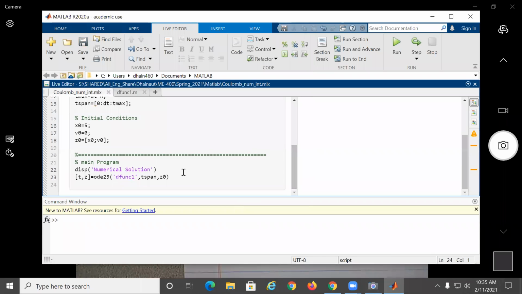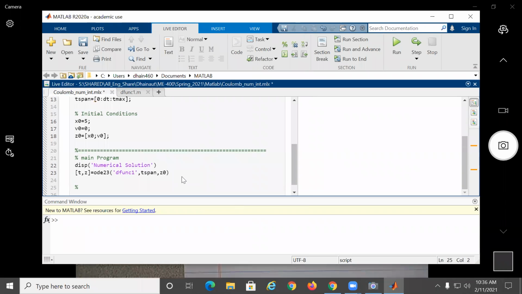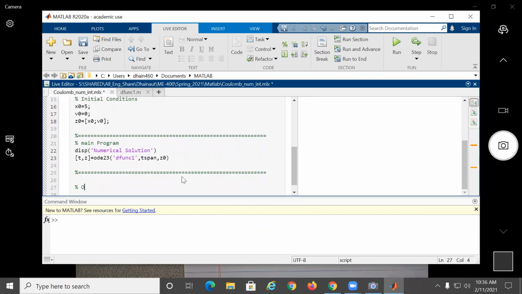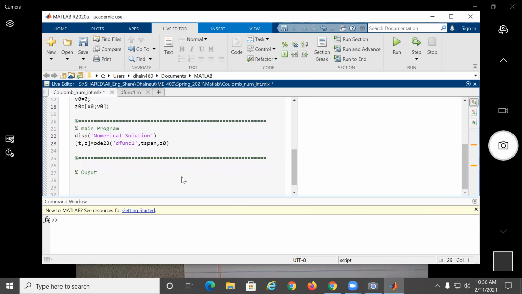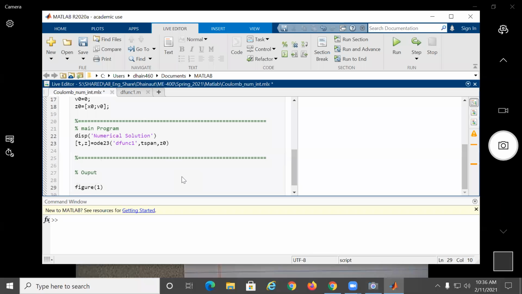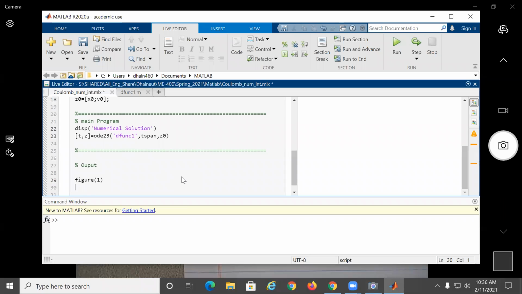So this will give you the solution. So now the output, you can put whatever you want. So let's say the first figure 1 that over here will be, okay. All right, let me do the same thing that I have there.